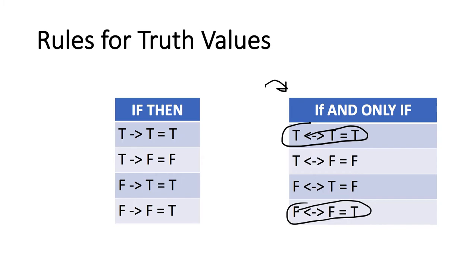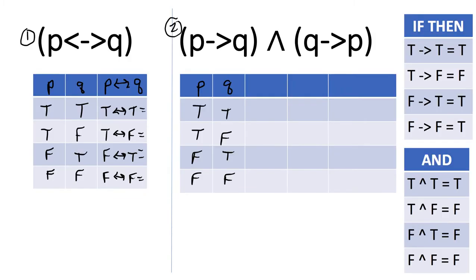I'm going to go back to my problem, and I'm going to fill in those answers. So that would mean that this one is true, and this one is true. That's the TT and the FF. The other two, since it has one of each, would be false. So our final answers for problem number 1 are right here.